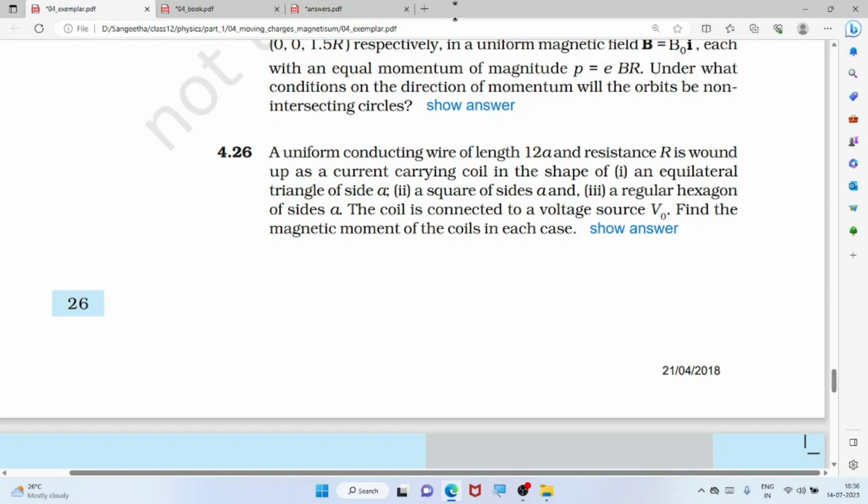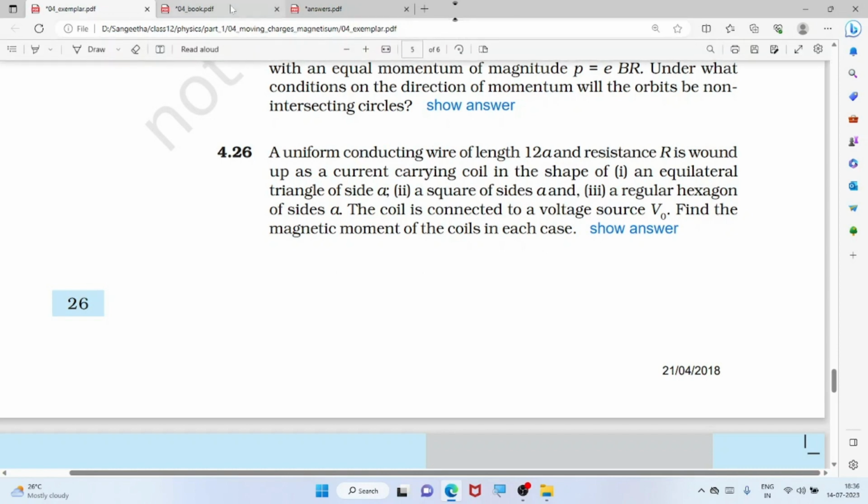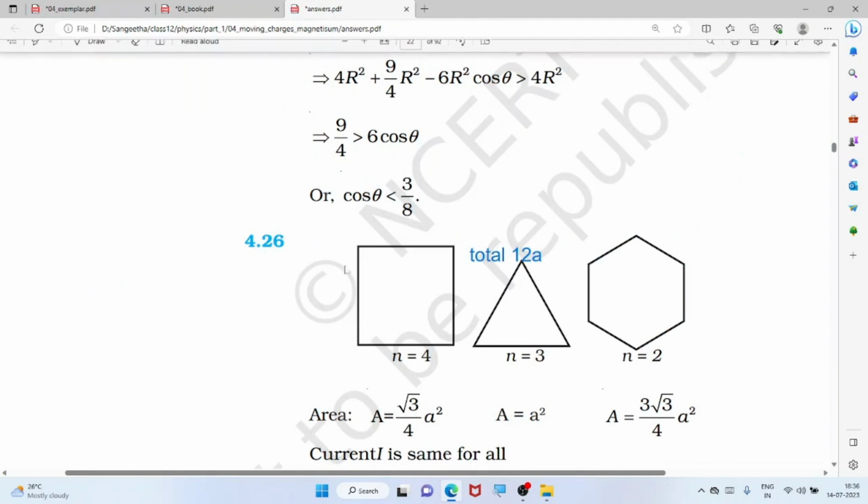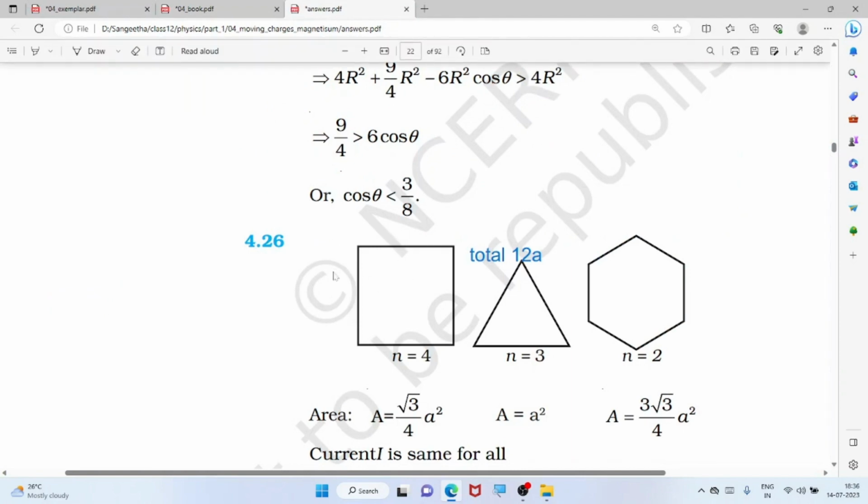Here the total length is 12a, so we have to split it. With 4 sides, each side will be 3. With 3 sides, each will be 4. With 6 sides, each will be 2.